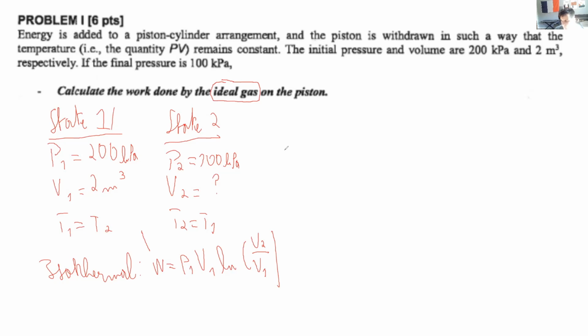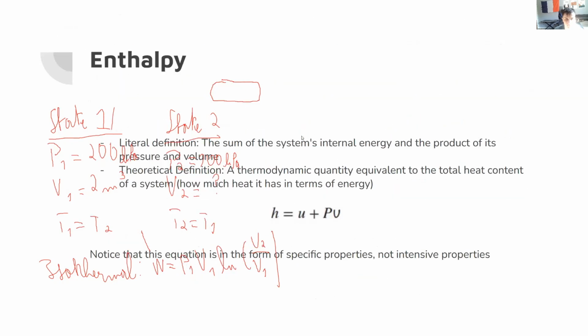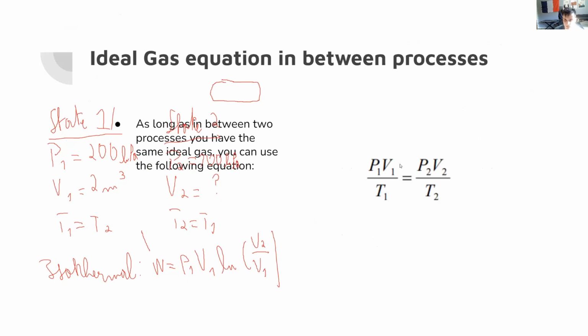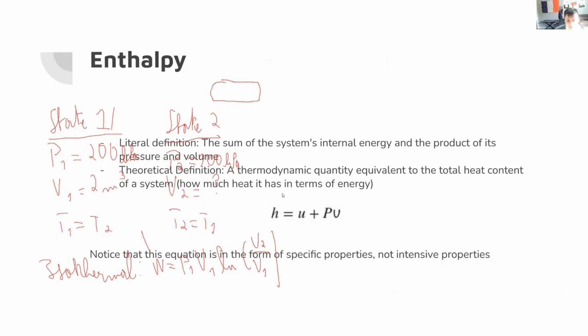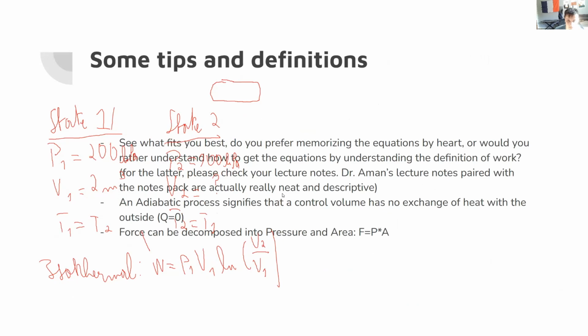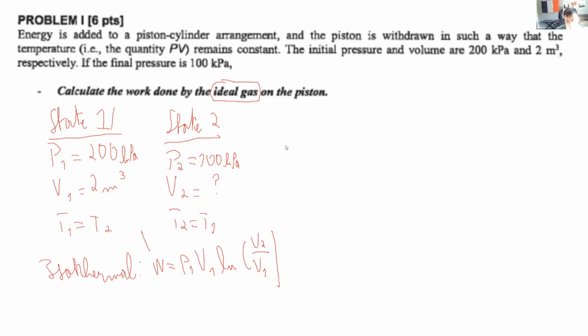This goes back to the equation that you can use for an ideal gas between two processes. It can be really useful, and in this case will get us the second volume that we need.